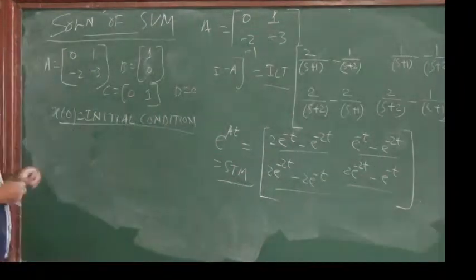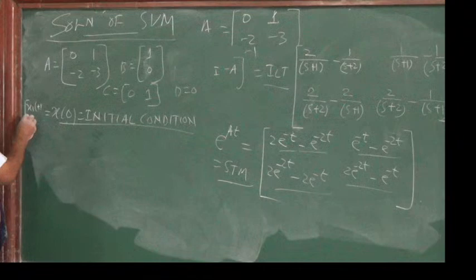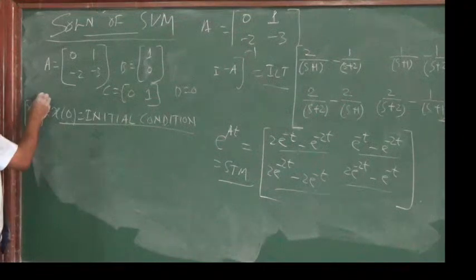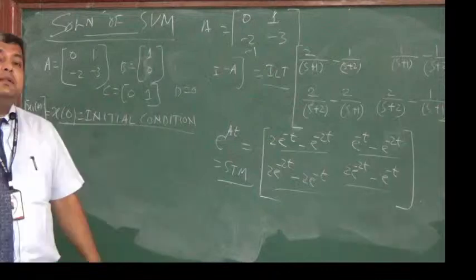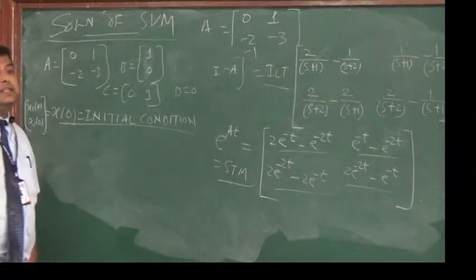So this x is nothing but the state variable. In this case, as there are 2 state variables, this is x1 at 0, or x10, and this is x20. So the initial condition for both state variable quantities should be given to us. Without that, this solution is not possible.